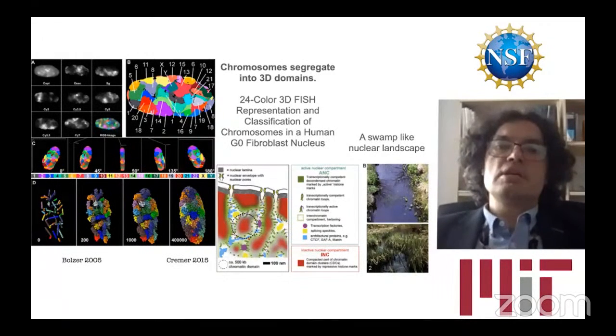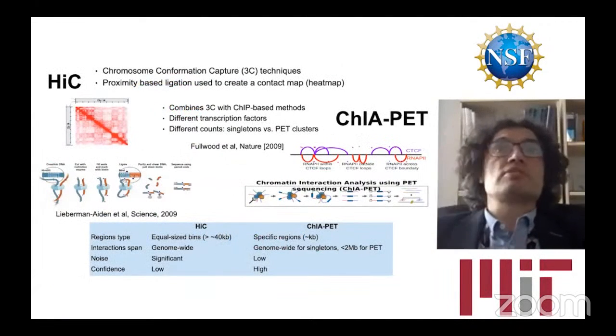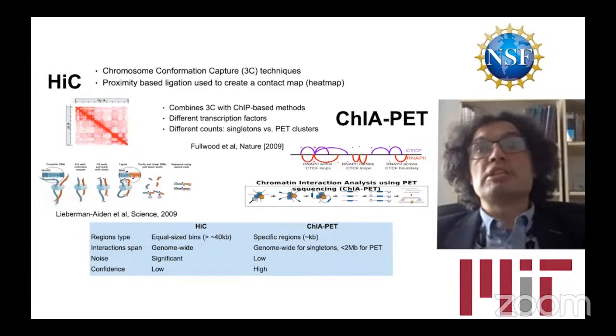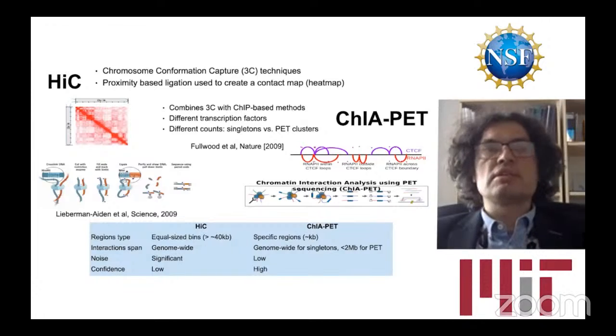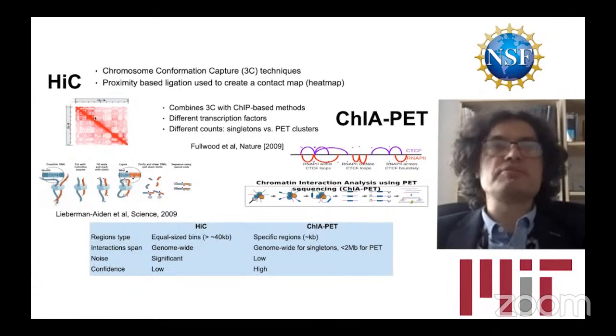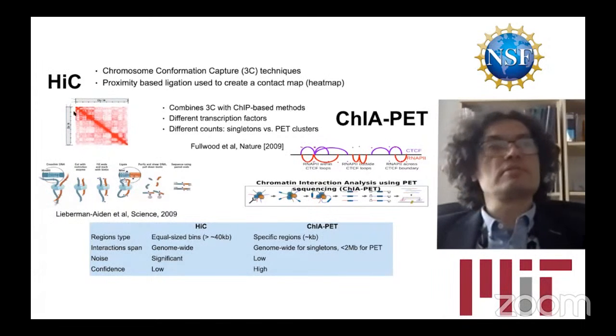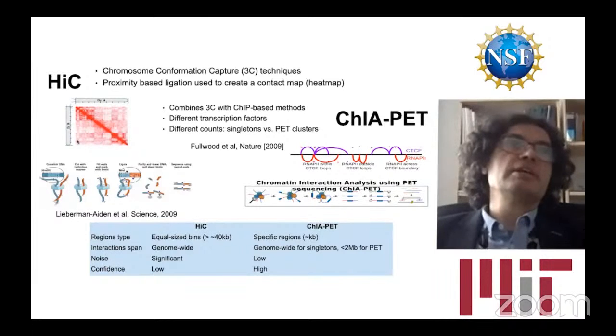Going back to the genomic methods, two methods are actually fundamental, and they were introduced in 2009, fundamental to understanding the all against all interactions, in this case for the human genome. So Hi-C and ChIA-PET. In the case of Hi-C, you get precisely the heat map which reflects the probability of interaction across different regions, all segments of DNA.